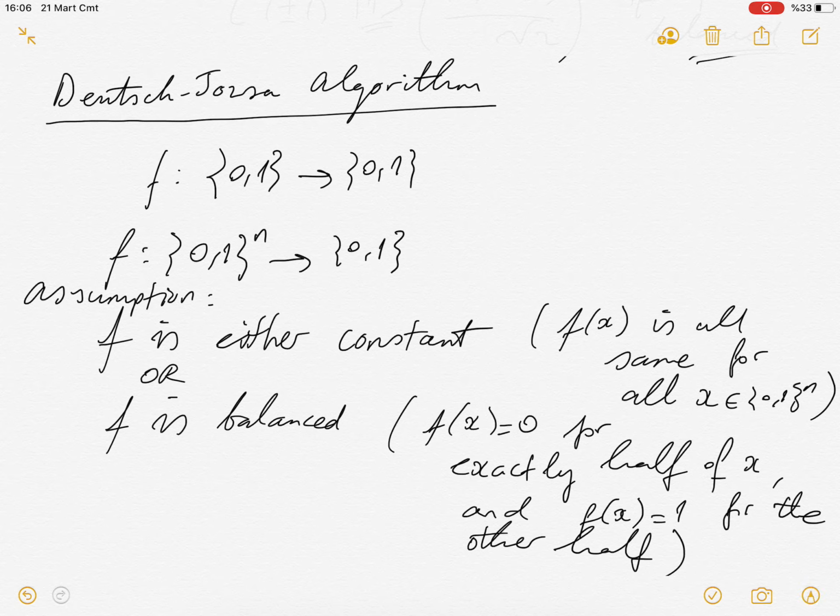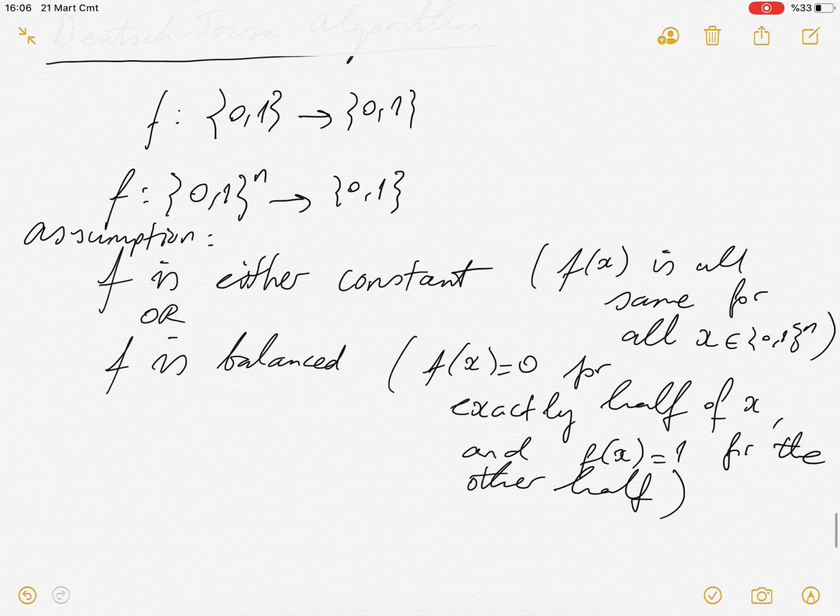So it's half-half. For half of x, f(x) is equal to 0, and for the other half, f(x) is equal to 1. It's not some other ratio, it's not like a 1 to 3 ratio. It's exactly half-half. Okay, so that's our assumption.